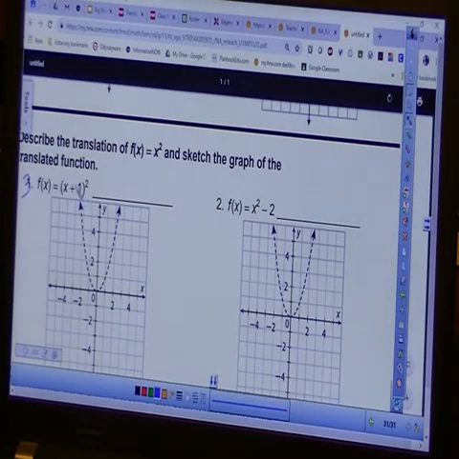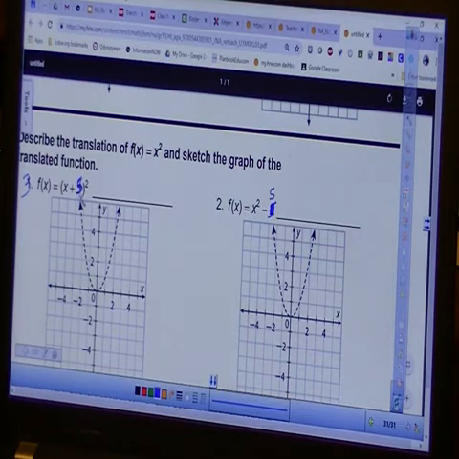Instead of x plus 1, we're going to do x plus 5, and instead of x minus 2, we're going to do x minus 5. Put a 5 here. So what does this mean? The 5 is on the inside, so that's left, right.